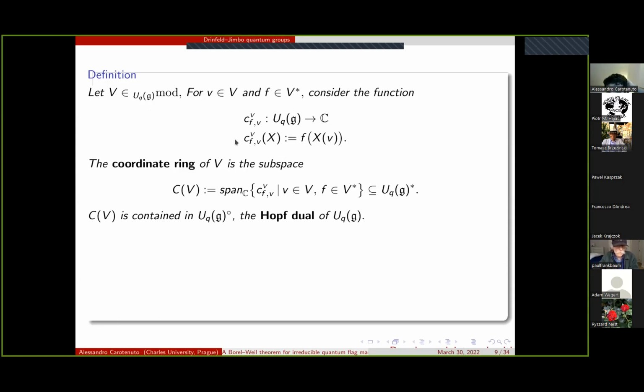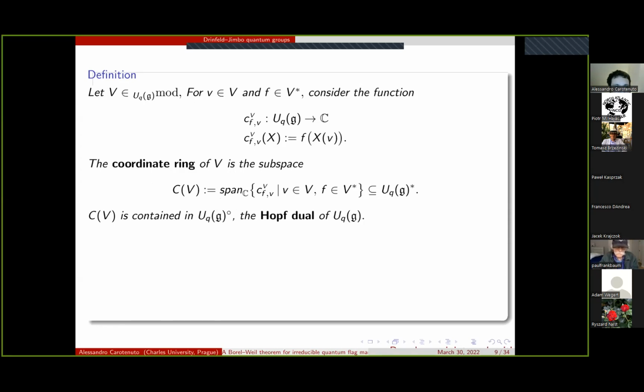And we can consider this function, a functional I should say, from U_q(g) into C that takes an element X, applies X to v, since V is a U_q(g)-module, I get something in V again, and then evaluates an element of the dual on it. So I get a complex number, of course.